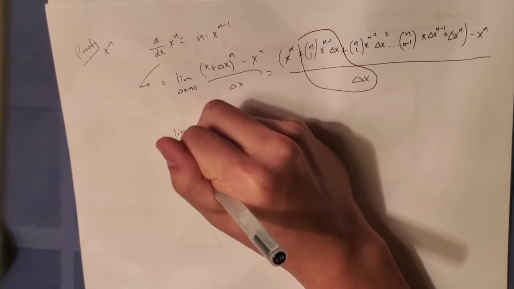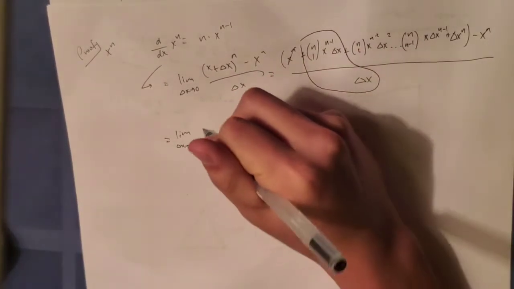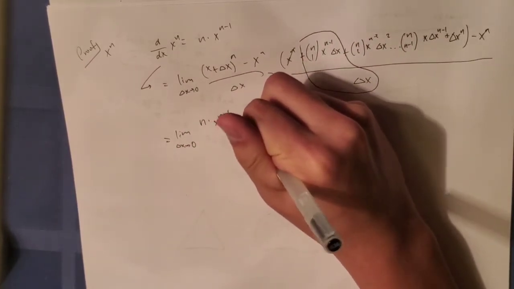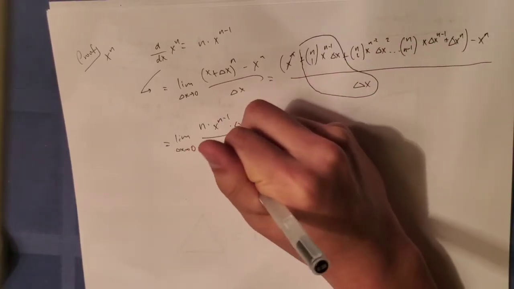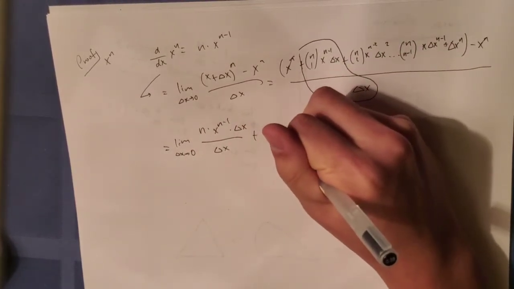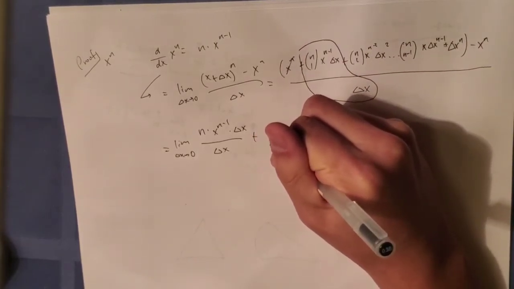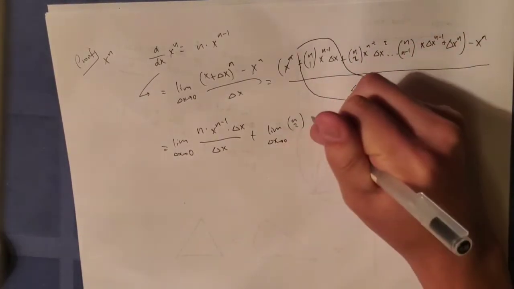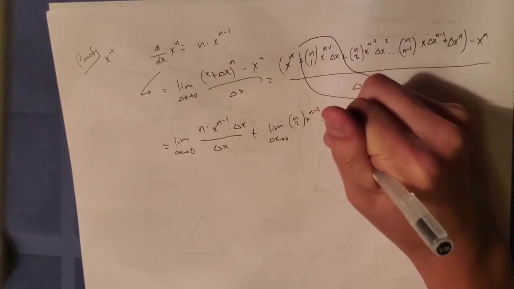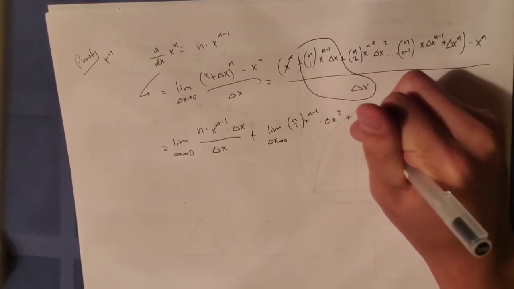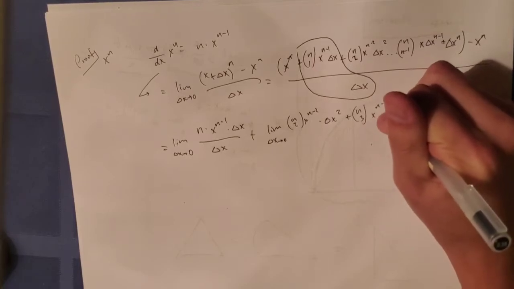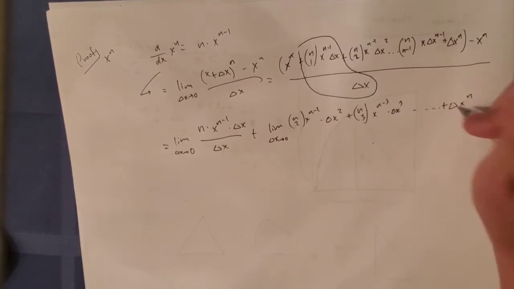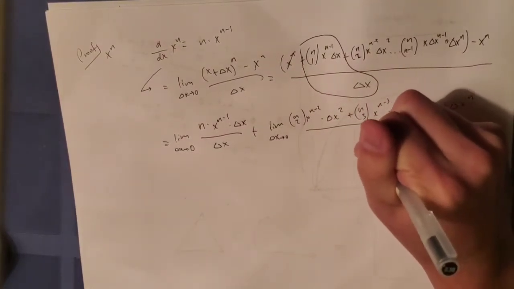So this equals the limit as delta x approaches 0 of n times x to the n minus 1 times delta x over delta x plus the limit as delta x approaches 0 of n choose 2 times x to the n minus 2 times delta x squared plus n choose 3 times x to the n minus 3 times delta x cubed all the way till delta x to the n, right? And this is all going to be over delta x.